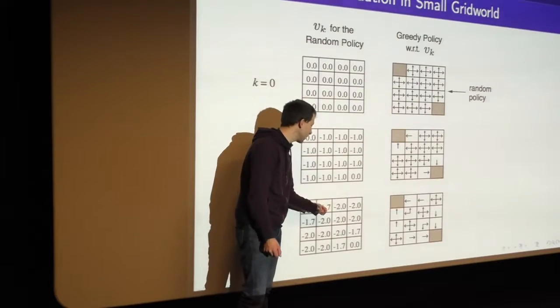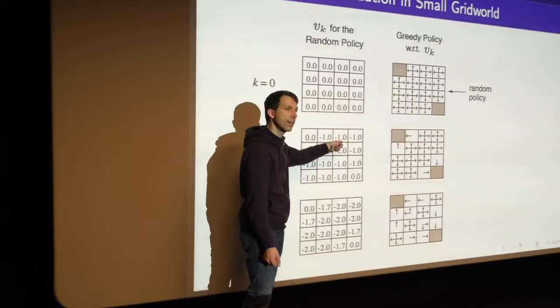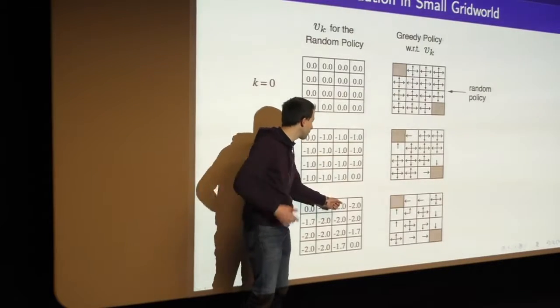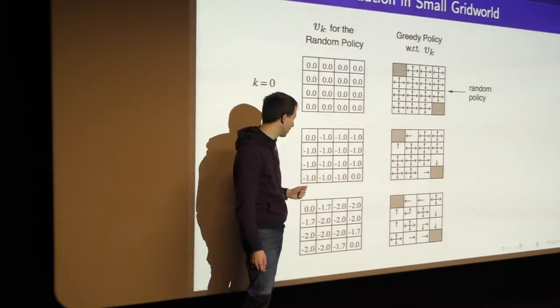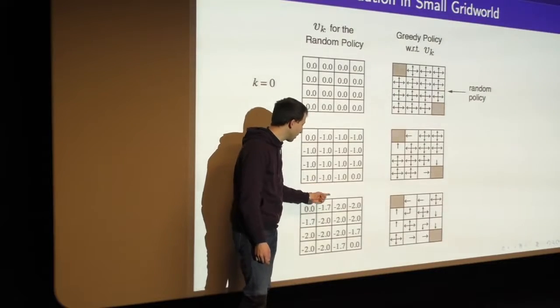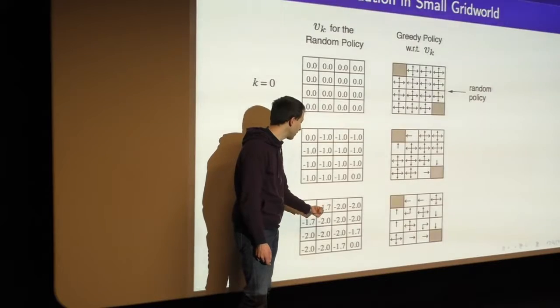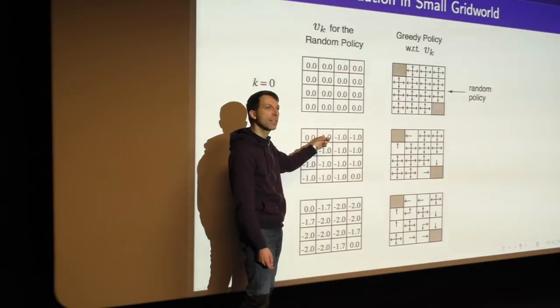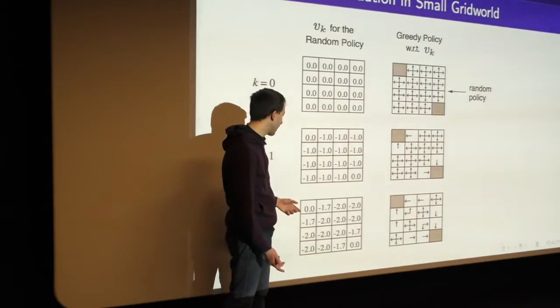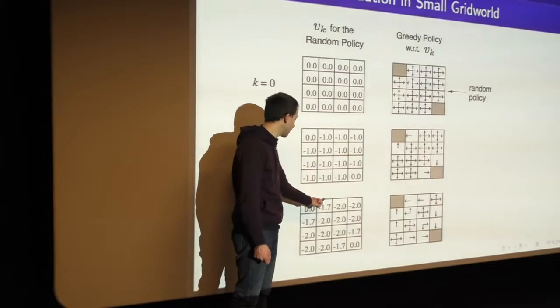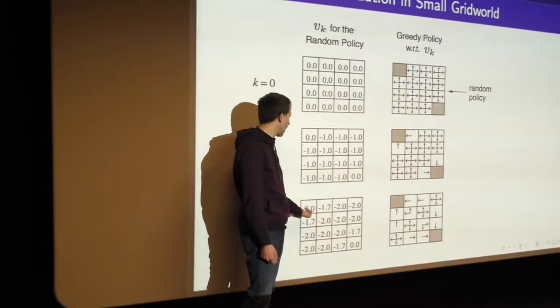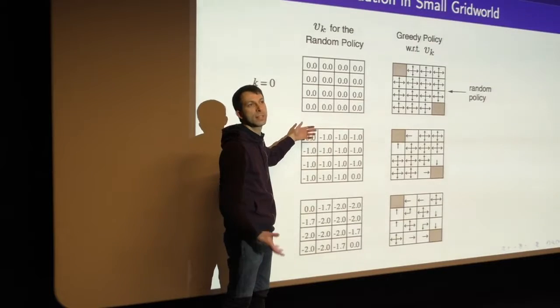If I go east, I'm going to see -1 for the step, and then -1 for my previous estimate of the value. If I go north, remember that I end up just sticking where I was, so it's the same thing: -1 for taking that step, and then I estimate the value of where I ended up to be -1, so -2 again. But if I go west now, there's going to be an immediate cost of -1, and then my estimated cost of the goal is 0.